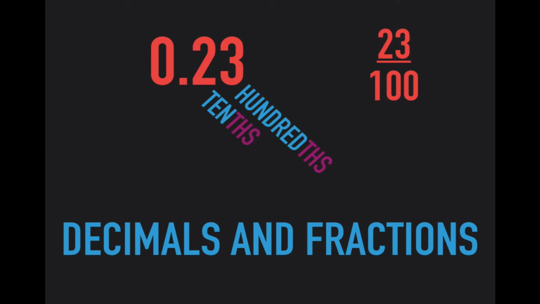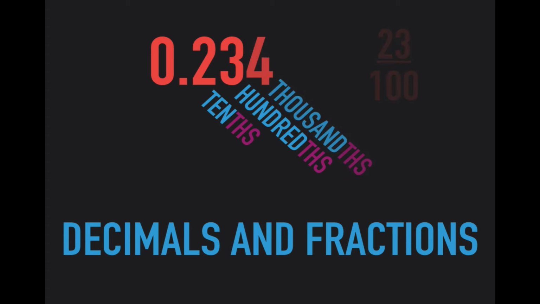You can imagine a whole thing being broken up into 100 parts, and you are talking about 23 of those parts. And of course, finally for grade 6, this decimal could be represented as 234/1000. Again, you imagine a whole thing being broken up into 1,000 parts, but you're only interested in 234 of those.